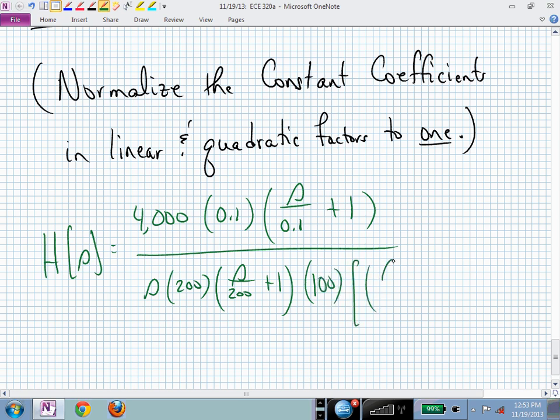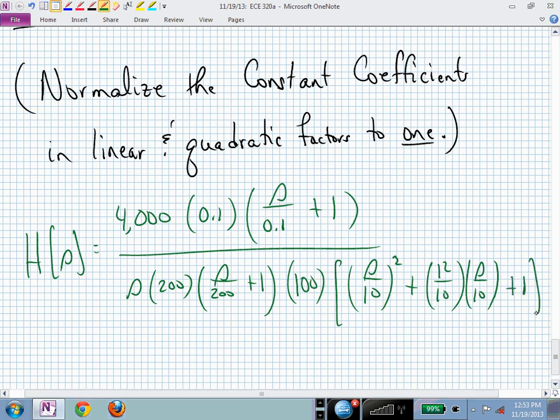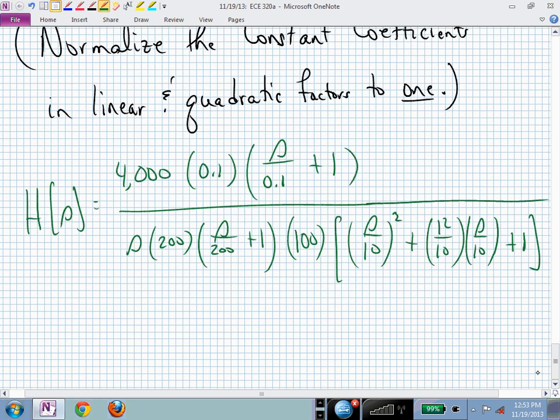And after you've done this a while, you learn that that's now s squared over 100, but that's just s over 10 quantity squared, plus 12 over 10 times s over 10. We want to keep that s over omega sub n in play, and then we have plus 1. That's what we factored out. So here is our quadratic factor.